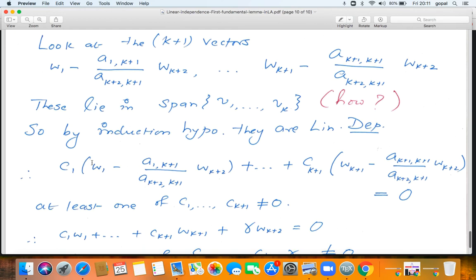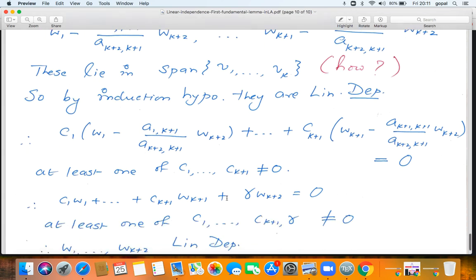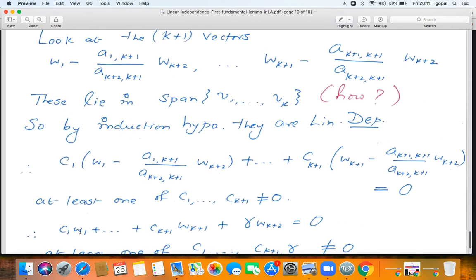Okay, so now let us rewrite this whole thing. This whole thing can be written as C1 W1 plus C2 W2 plus ... Ck+1 W k+1 plus all the terms containing W k+2 combined, and their coefficient is some junk. I call it gamma. So this last equation is C1 W1 plus C2 W2 plus ... plus Ck+1 W k+1 plus gamma W k+2.